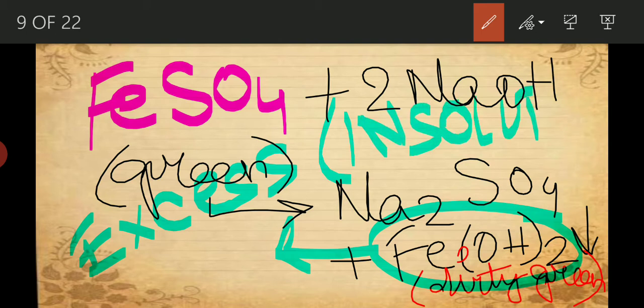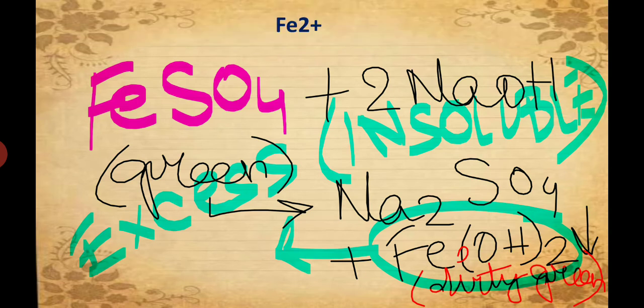Even if you add more NaOH, this ferrous hydroxide will still be insoluble. Still you will get dirty green precipitate. Okay, this you need to remember.